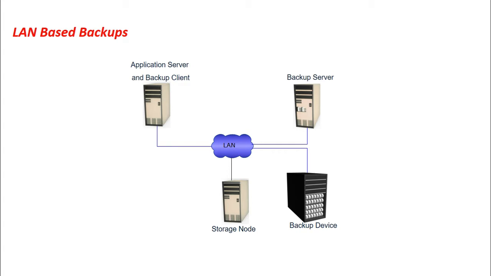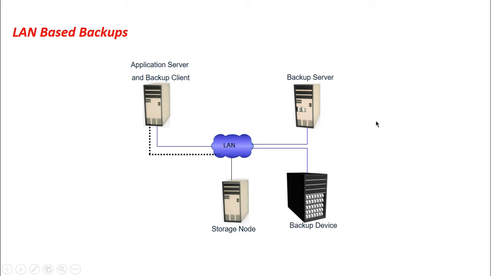This impact can be minimized by adopting a number of measures, such as configuring separate networks for backup and installing dedicated storage nodes for some application servers. So if you want better network performance while performing LAN based backup, we can use separate networks for backup and install dedicated storage nodes for some application servers. Here we have the application server on the backup client, the backup server, the storage node and the backup device.